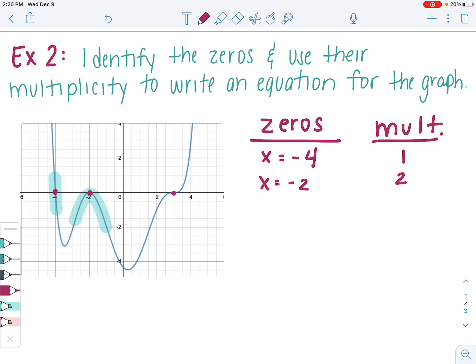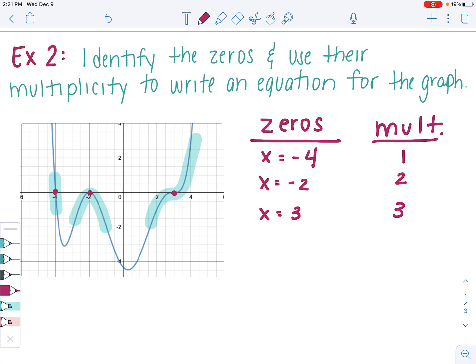And my last zero is at 3, because it passes through the x-axis at 3. And when I look at it, I see that it's approaching 3. It starts to flatten out, and then it keeps going. So because it starts to flatten out right on the x-axis, that means that my x equals 3 has a multiplicity of 3.